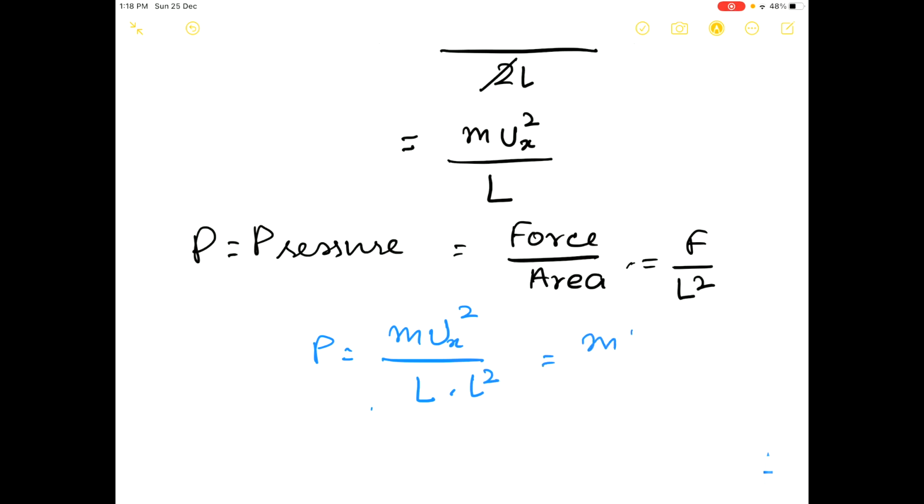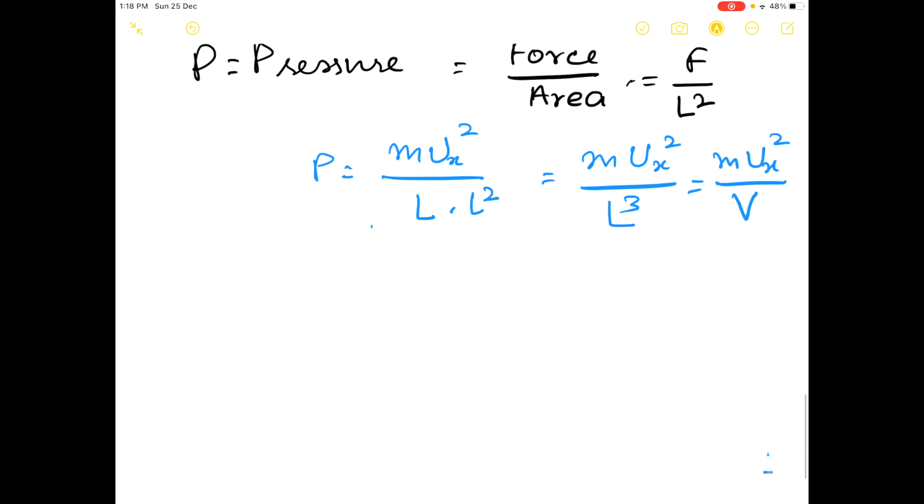This becomes mux square divided by L cube, and L cube, length into length into length, is volume. So we get PV is equal to mux square.